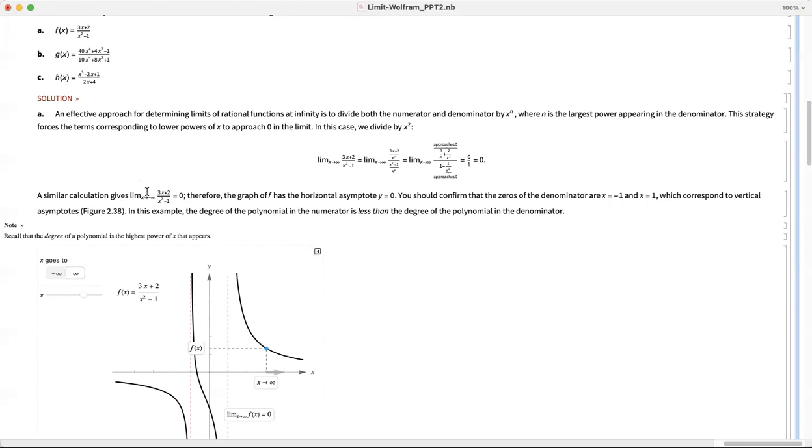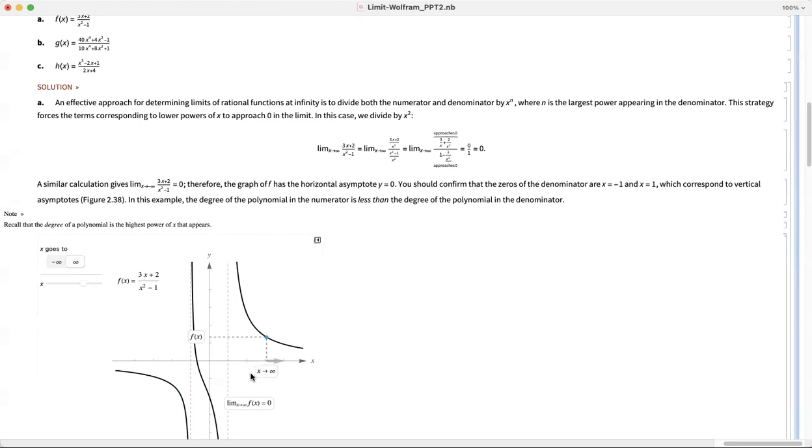So x equals 1 and x equals negative 1 must be vertical asymptotes, right? So using the limit at infinity, we can find the horizontal asymptote, and using the infinite limit, we can find the vertical asymptote.